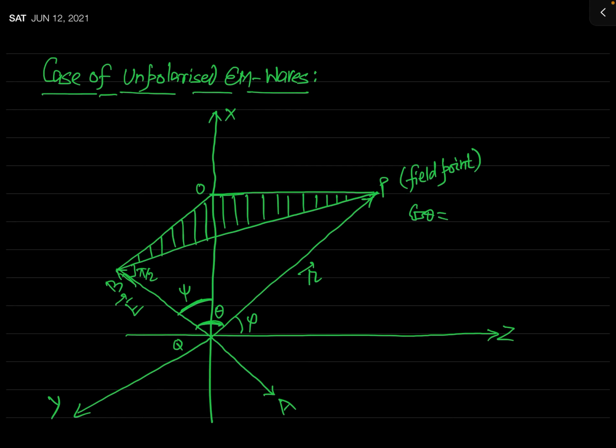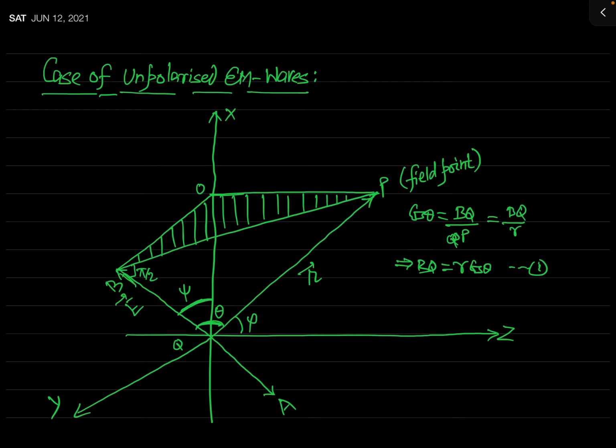You can see that this is simply BQ over QP, and BQ I would like to find, and QP you can see is R. So you can say that this BQ is equal to R cos theta.